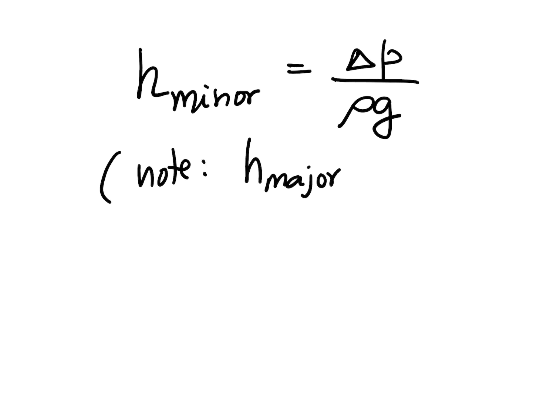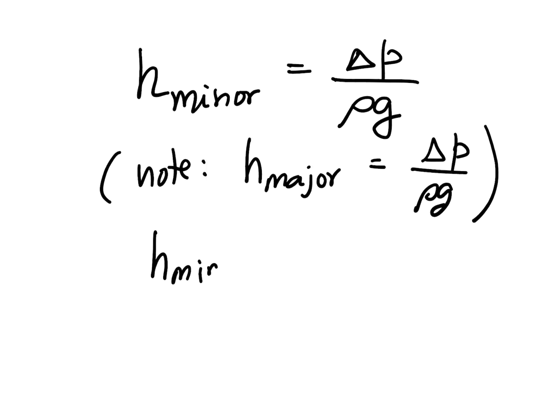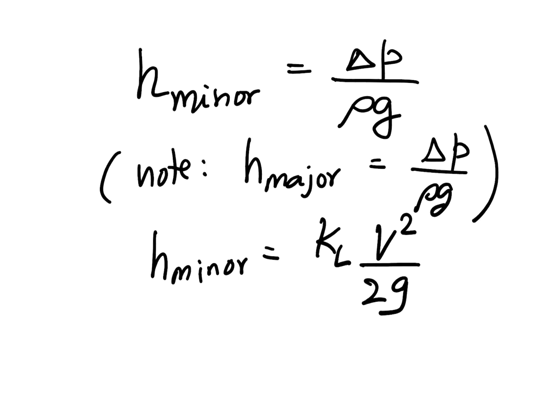H major should have been delta P by rho g and not just rho like I wrote. Okay, note this correction. So H minor losses is simply written as a minor loss coefficient KL times V squared over 2g.